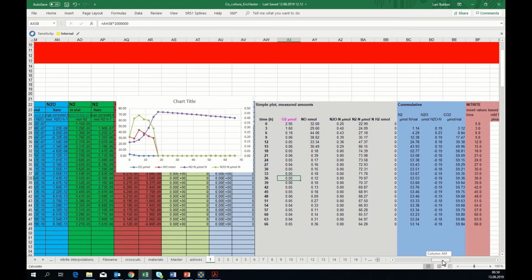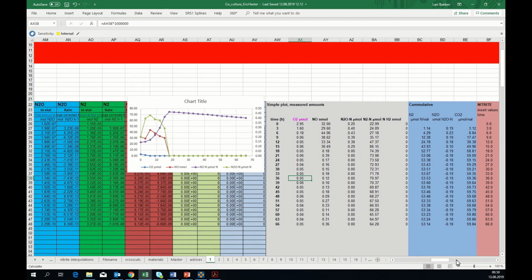However, further to the right, you see some other columns which are very interesting, and that is the cumulated production of N2, and if you want, cumulated production of N2O as well as CO2. It's more interesting to look at this one because this one is corrected for the sampling loss. This is simply the calculated cumulated N2 based on the rates.